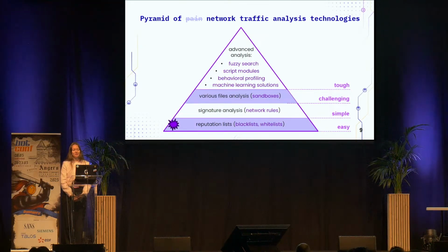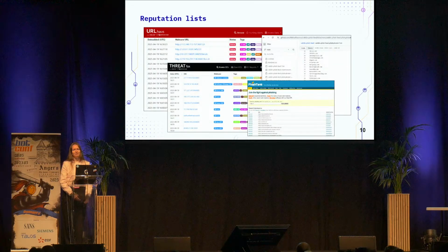So it's just some blacklist, whitelist. For example, I think you know Abuse.ch, ThreatFox, some phishing resources, also GitHub. There are a lot of lists with IOCs, and surely VirusTotal, where we can also track and learn whether a resource is good or bad. But the disadvantage of this method is that it's not up to date.